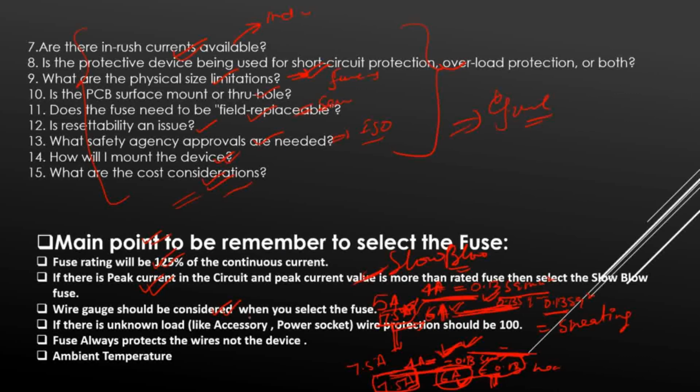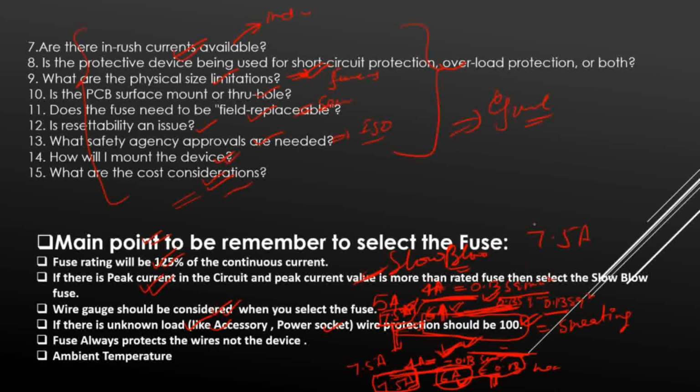Coming to the case where there is an unknown load like an accessory power socket, then you have to give 100% protection. So 100% protection is nothing but giving the rating which we have discussed, 125% of the continuous current, and you have to go to the next higher side.